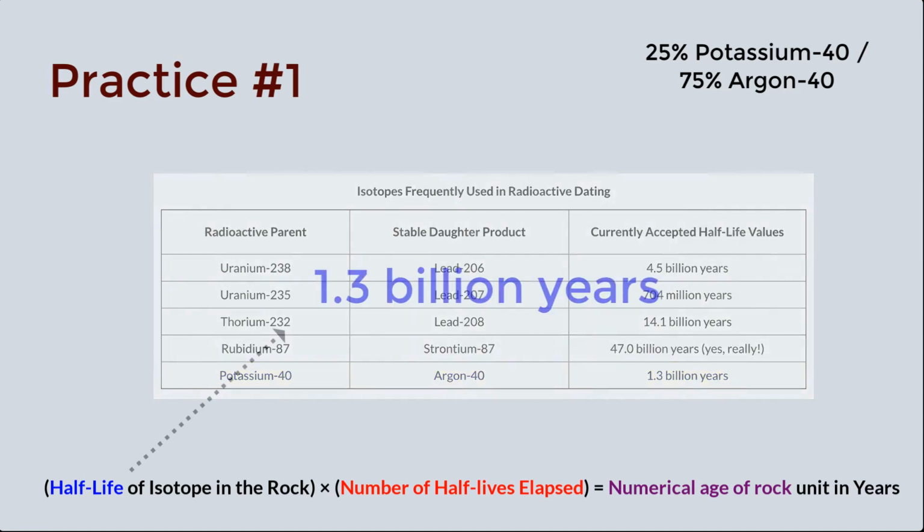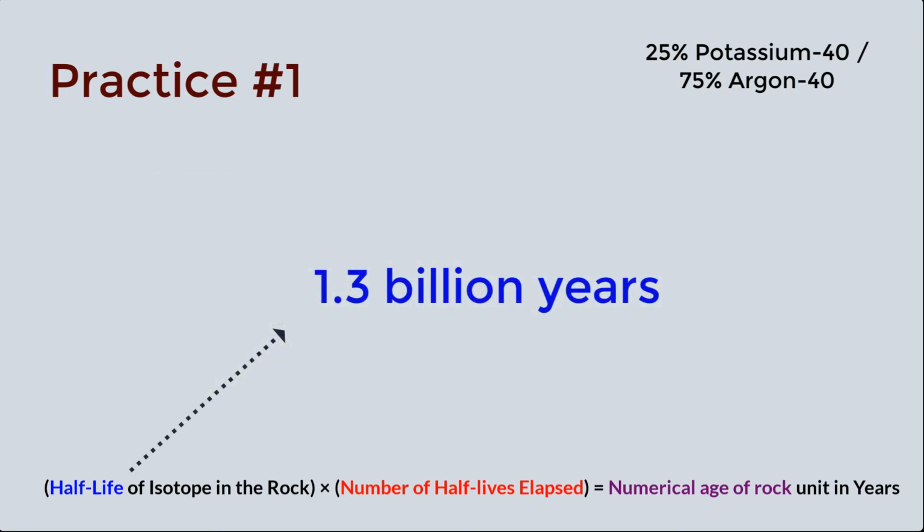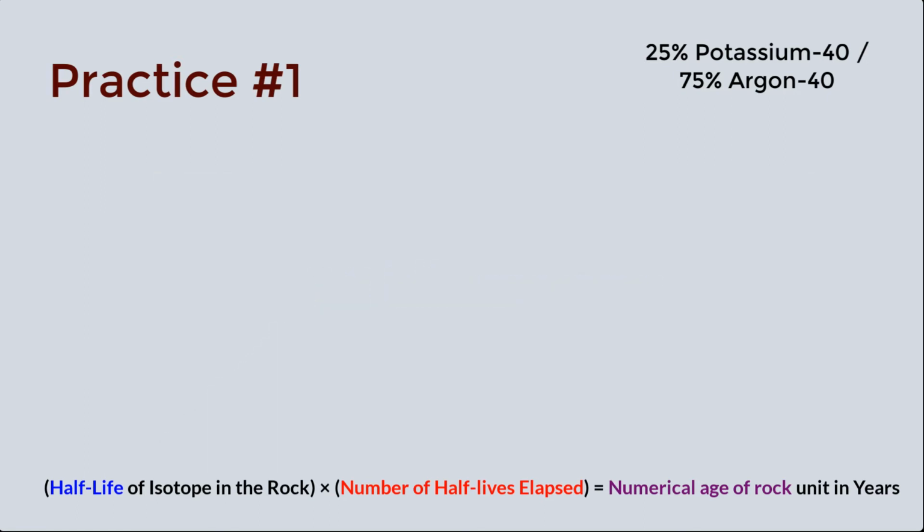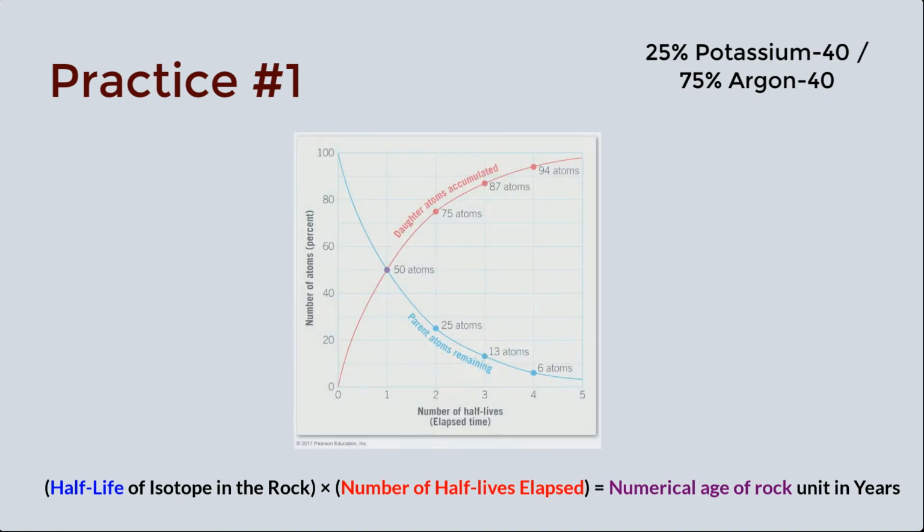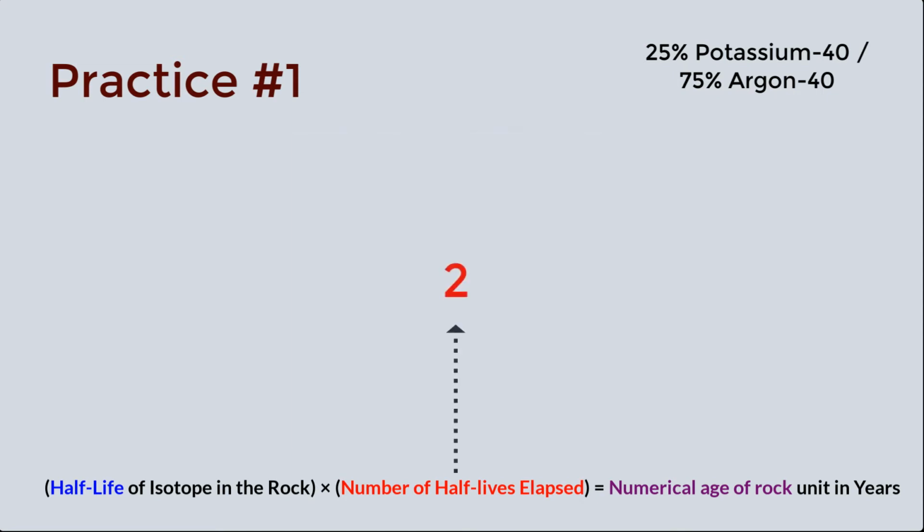That's the first piece of information that we need. The second piece of information we need will come from the graph. Now, our example has 25% potassium-40 of the parent isotope. So on the graph it says 25 atoms out of 100 of the parent atom remaining means that 2 half-lives have elapsed. So that's the second piece of information that we need.